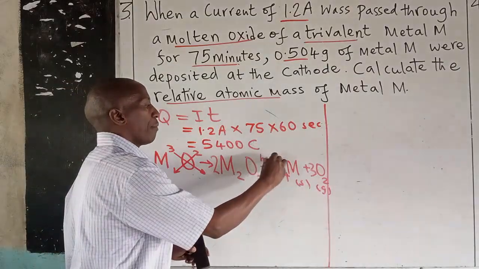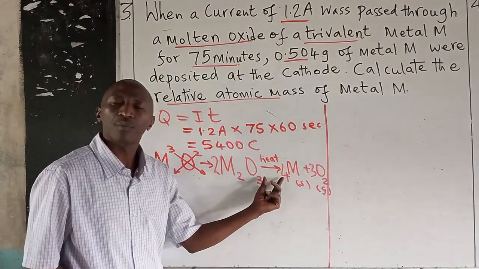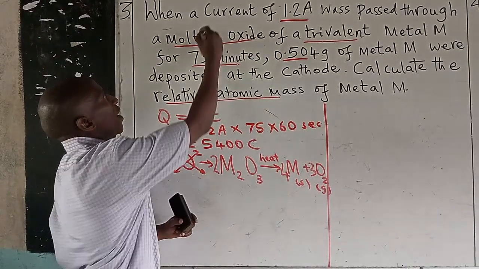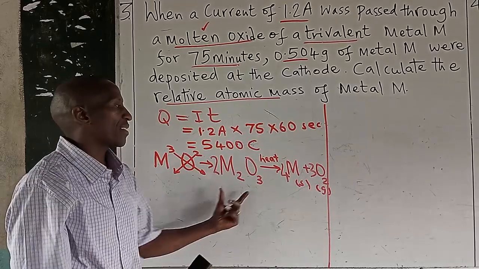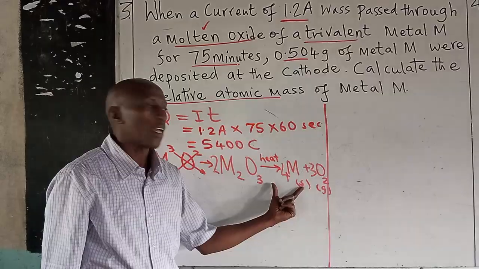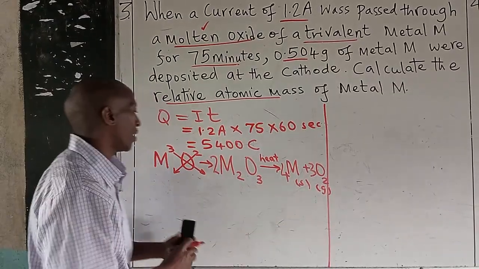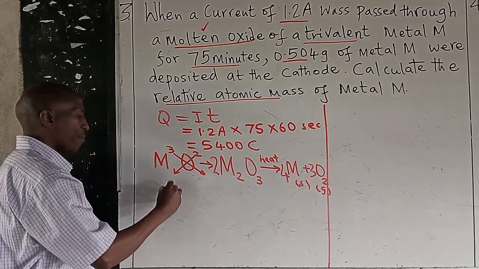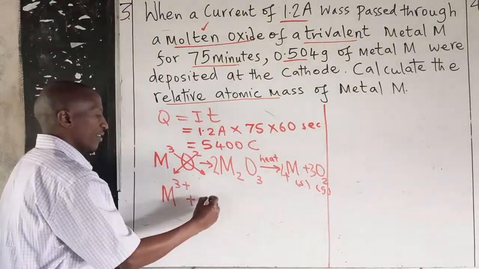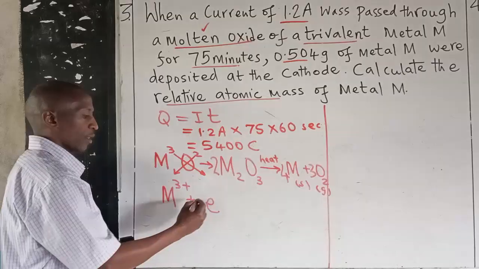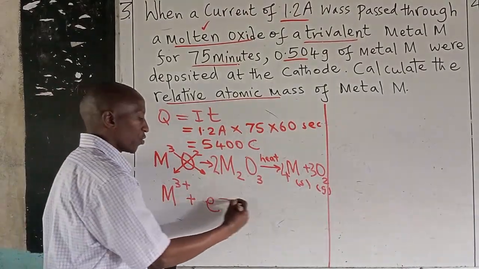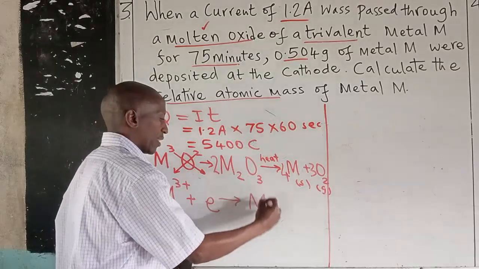This was melted down because we are having the molten oxide, but this is not the calculation which we are focusing on. The calculation which we are focusing on will involve M, which is trivalent, requiring some charge to be deposited.